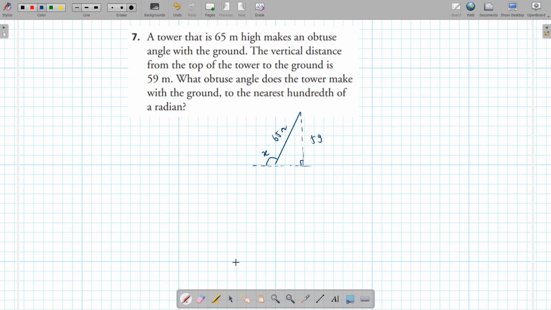Does that help us though? That's going to be approximately 27. Well, we don't need the bottom side, we need that angle across from 90.